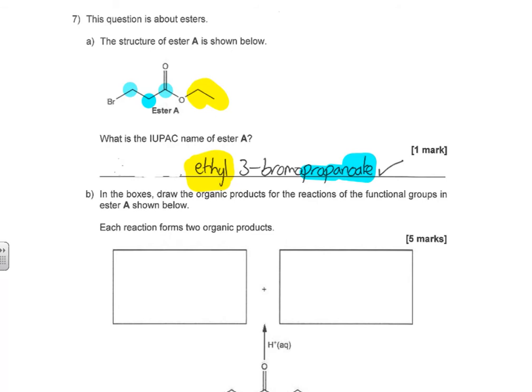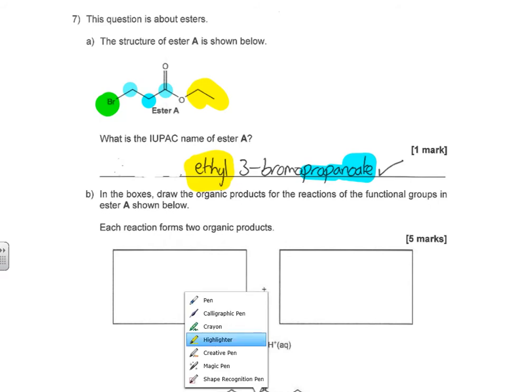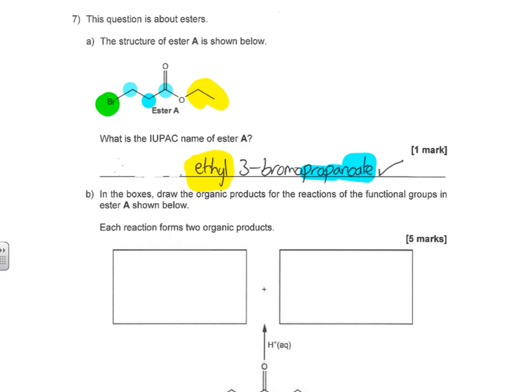What makes this question perhaps a little bit nasty is I've got a bromine in here. In fact, that makes it really nasty when we get towards the bottom of the page. But that bromine, of course, is on that propanoate. But the most important carbon in the propanoate is the carbon with a double bond oxygen. That's where the ester would start from the carboxylic acid point of view.